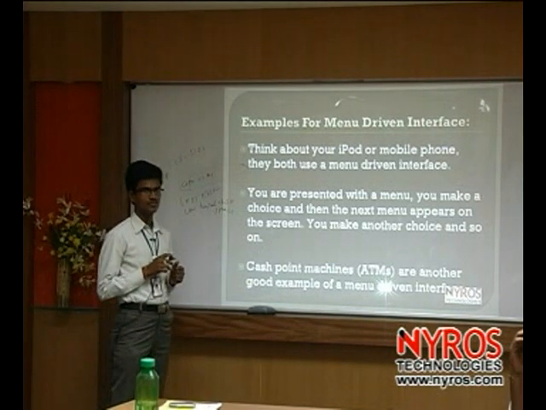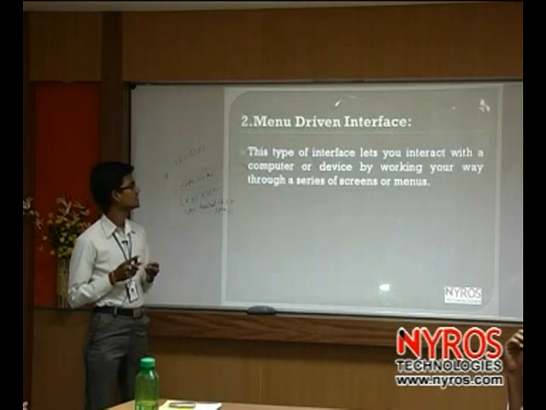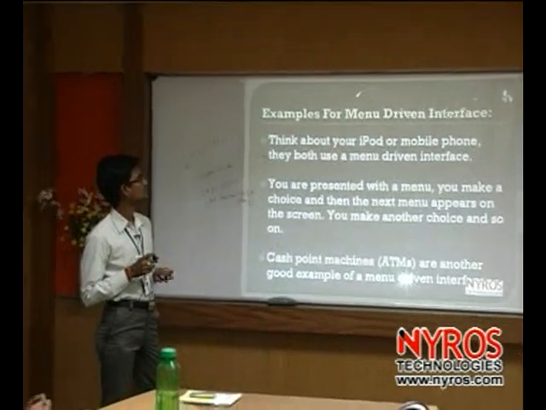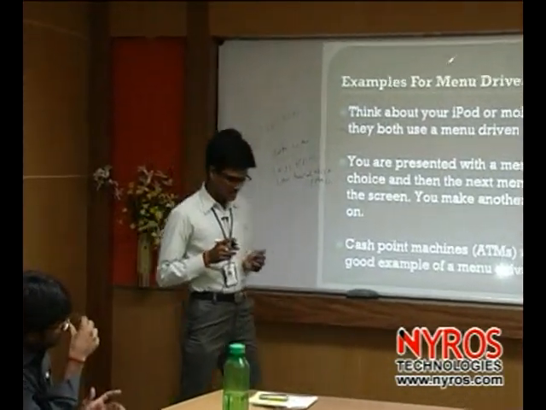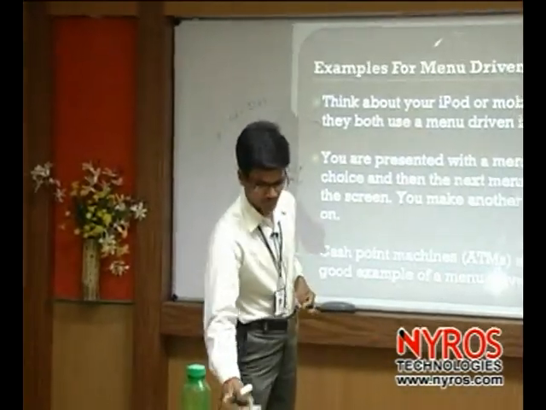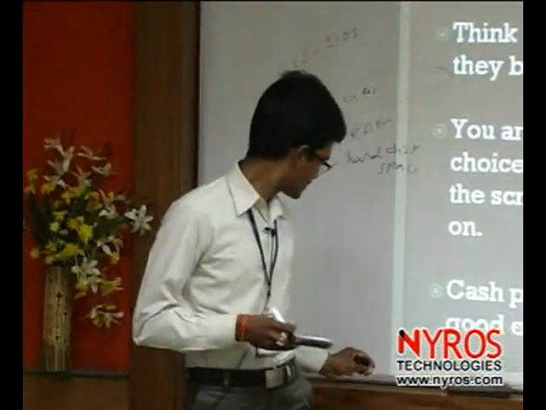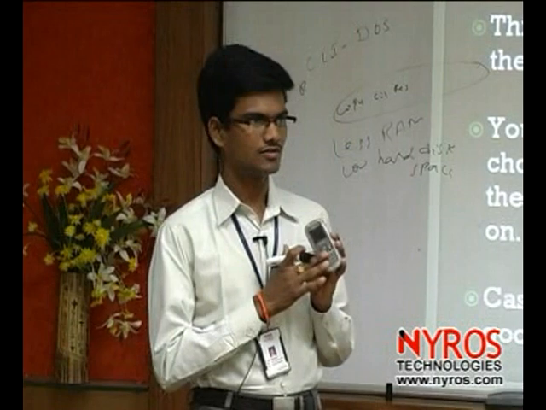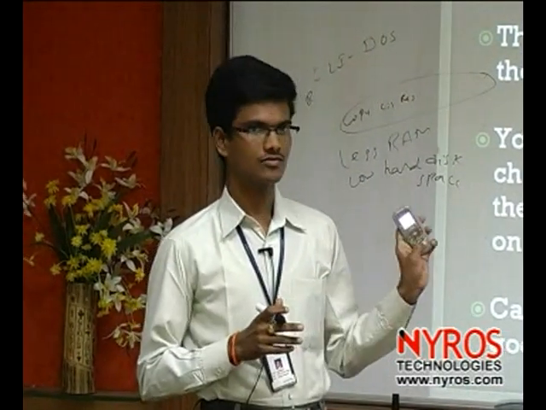Let us think about some examples we observe in real-time situations for this type of menu-driven interface. Consider a mobile phone. Here the mobile phone was locked. If you press any key, it does not open.